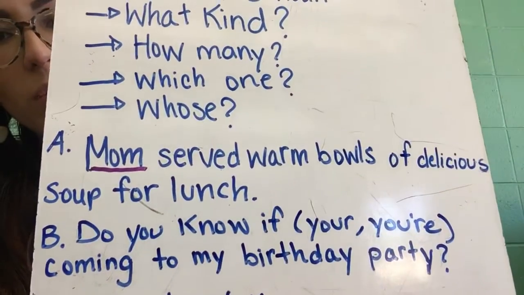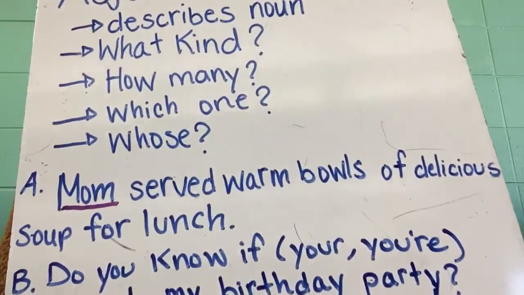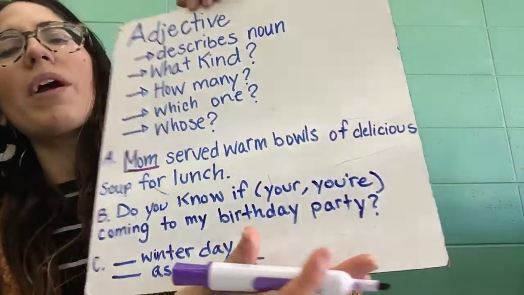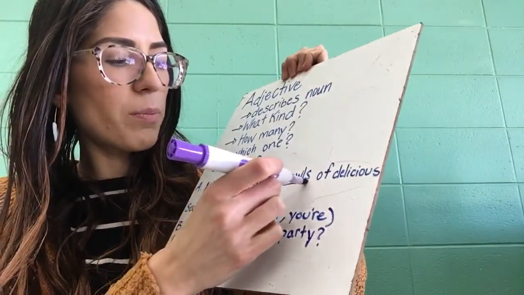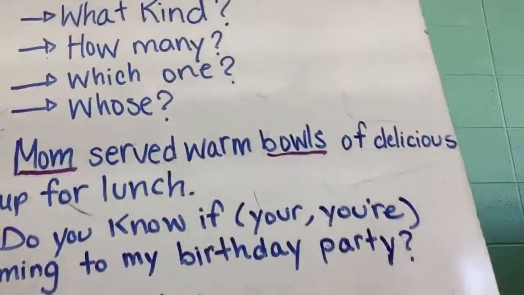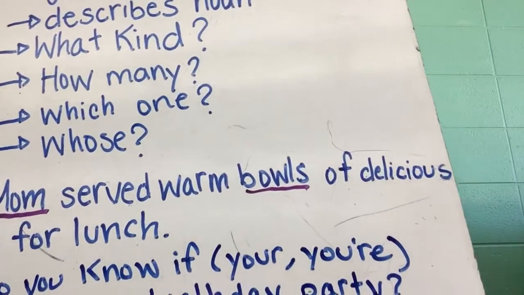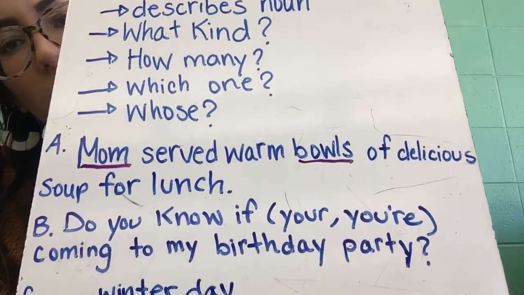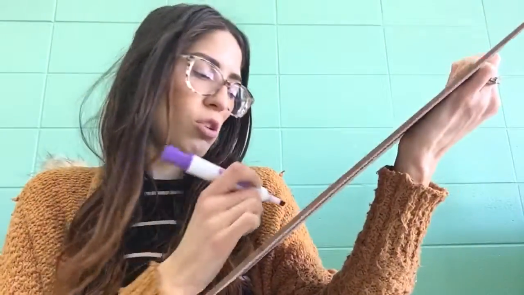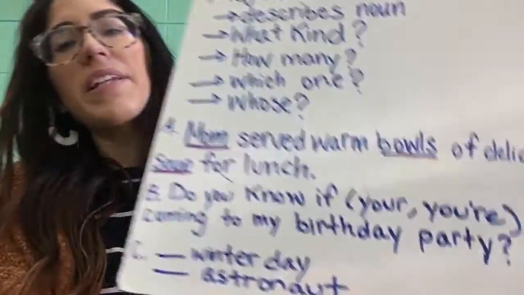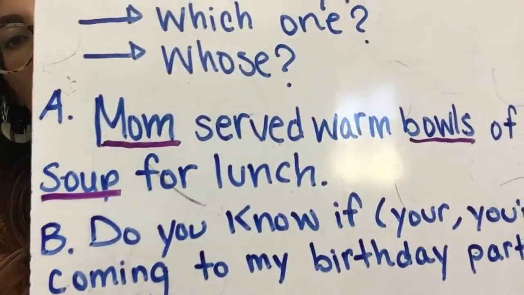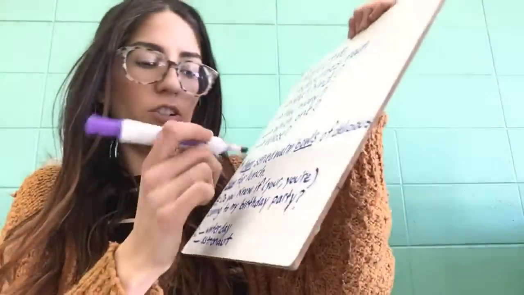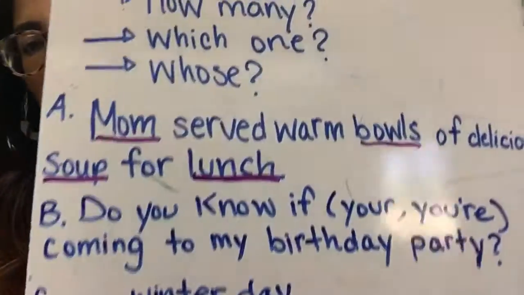Then what other nouns do you see, or pronouns? That's right, bowls, good. So bowls, okay. All right. And then there's a couple more nouns. What else do you see? Good, soup. That's a noun, and there's one last one. Okay, good, lunch. Okay, those are all of our nouns.